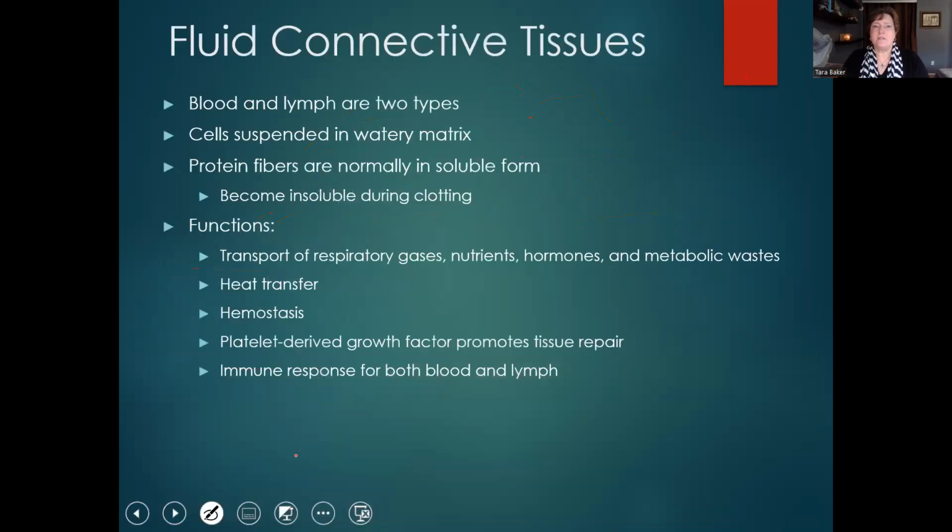All right, the last type of connective tissue is fluid connective tissue, and that's blood and lymph. These cells are in a watery matrix. So the ground substance is very watery. The protein fibers are actually soluble, so they're floating around and invisible to the naked eye until you need clotting.